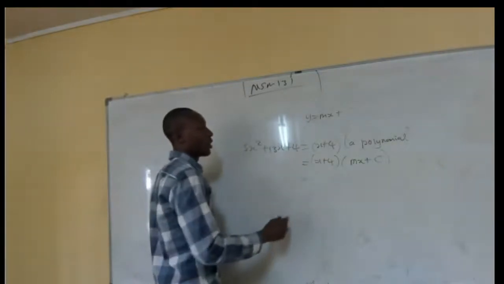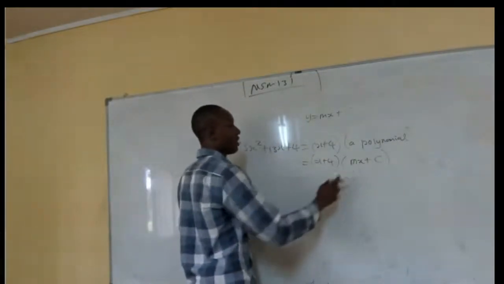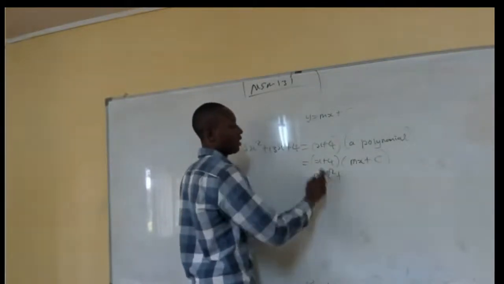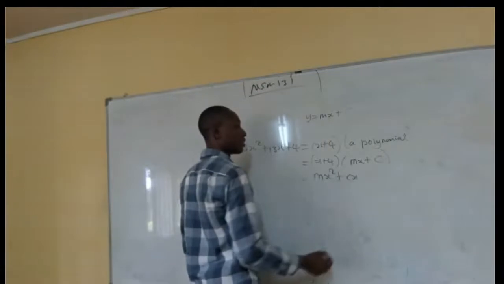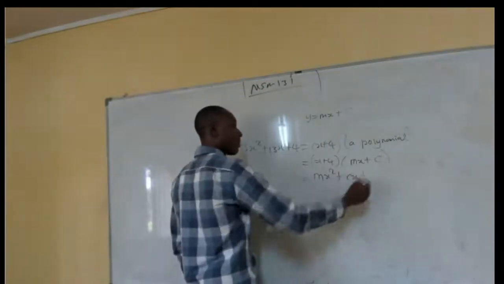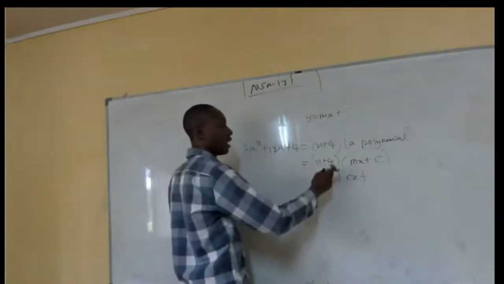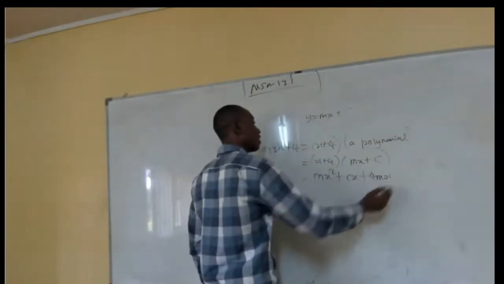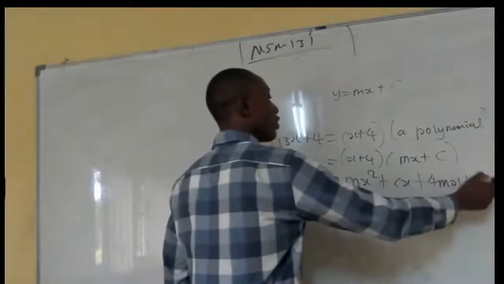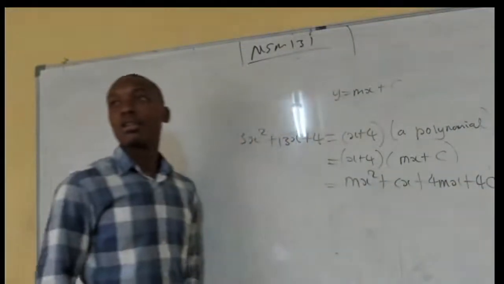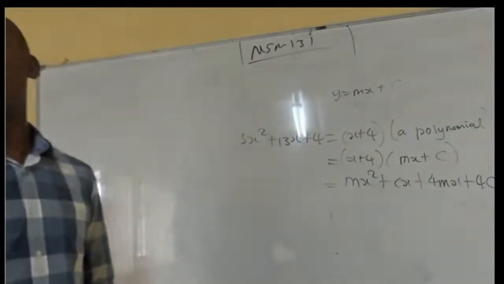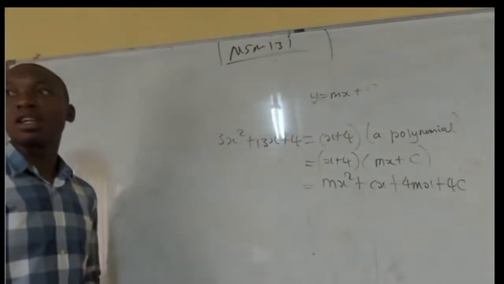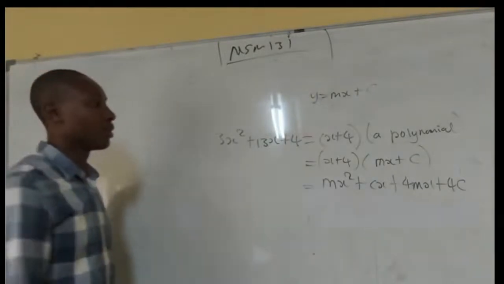Expanding this, x times mx is mx squared, plus x times c is cx, plus 4 multiplied by mx, that's 4mx, plus 4 times c, that's 4c. So I've simply expanded. That's all I've done.